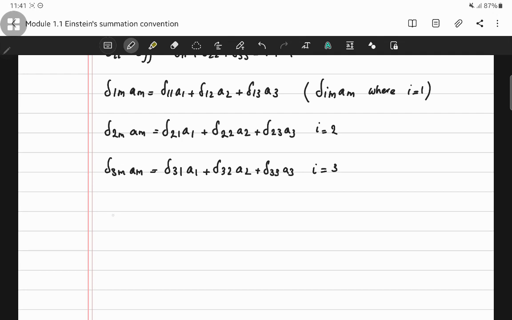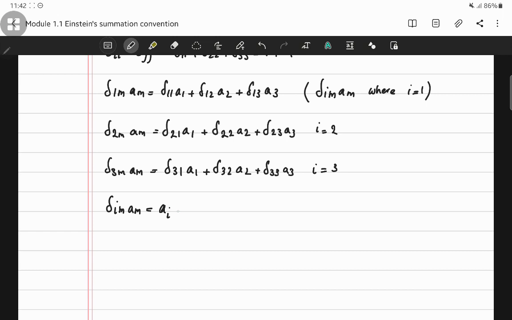What does this equal to? This delta im am that I wrote here, what does it equal to? It is equal to an expression like a, because m is the dummy index, so it is repeated and we don't put it on the other side of the equation. We have only a free index here, i is the free index. So we have to repeat it, i.